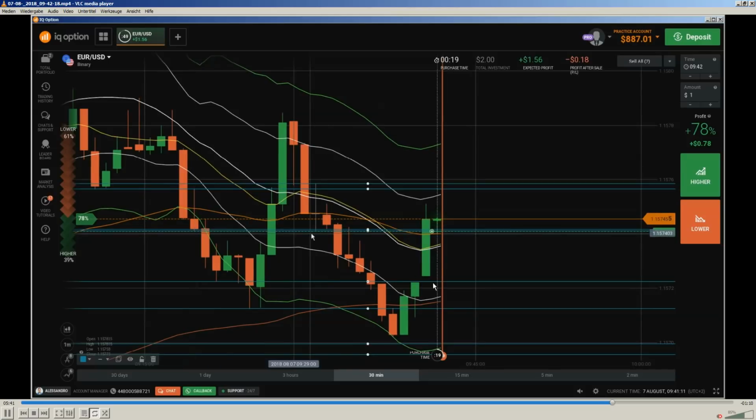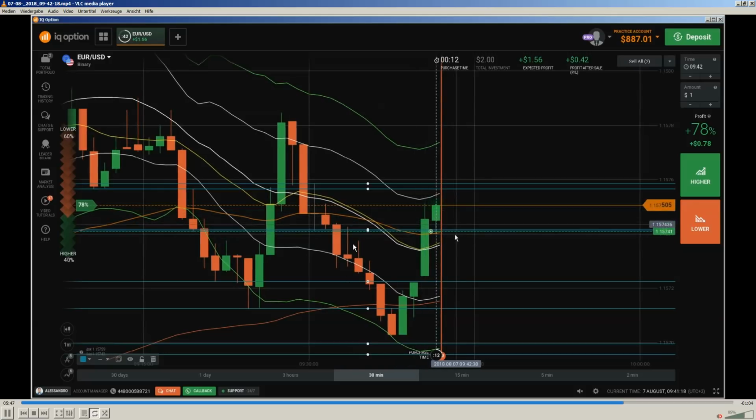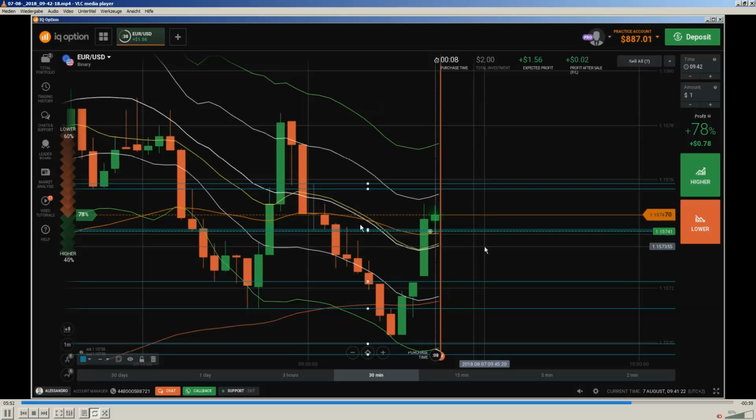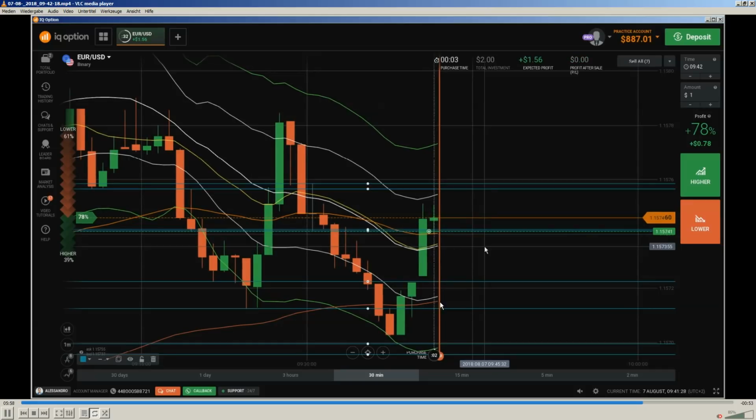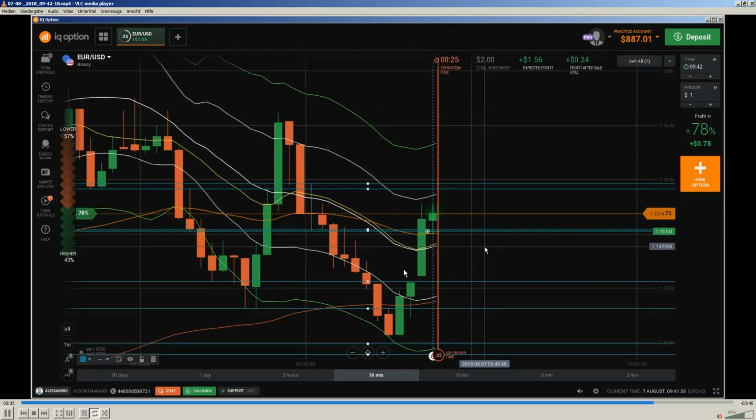And here, if this candle would have been a weak candle, something like this, with a bigger upper shadow than the lower shadow, then you could have expected that the price would reverse at this level. But this is what you expect after a hammer.